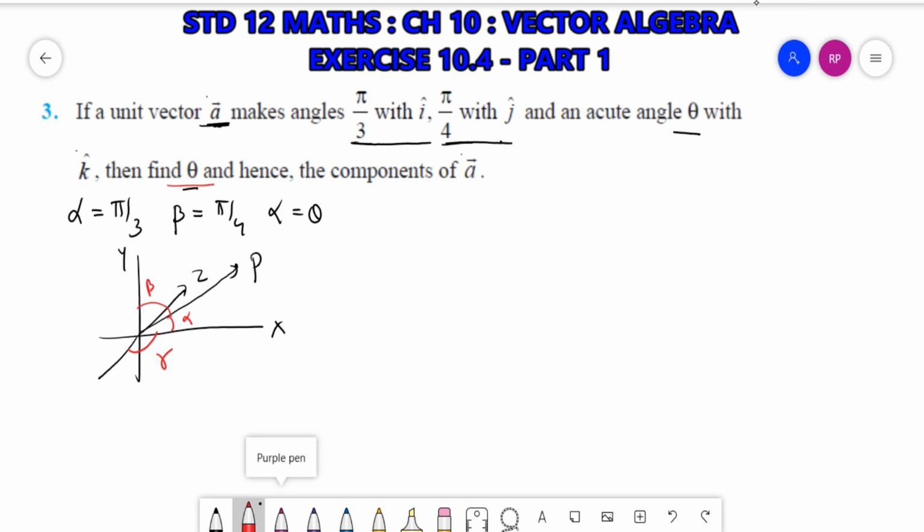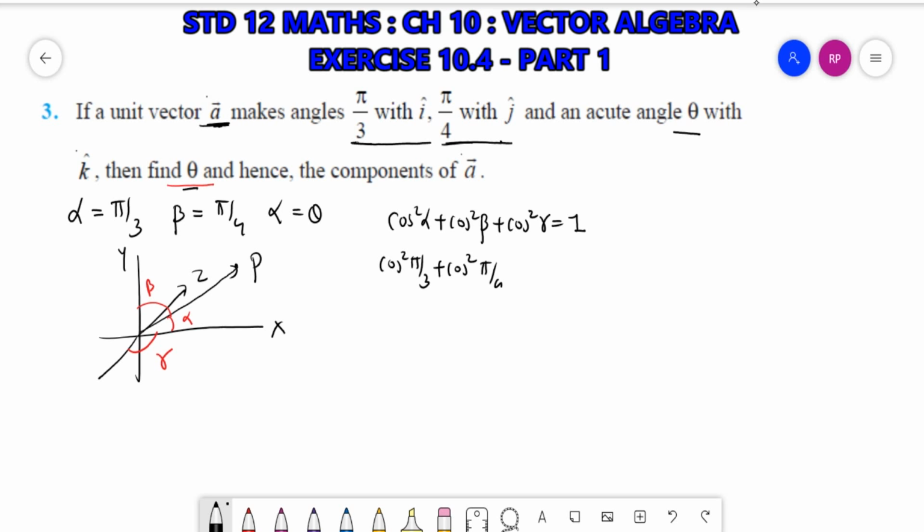Now we know that if it makes angles alpha, beta, and gamma with the x, y, and z axis respectively, then cos square alpha plus cos square beta plus cos square gamma is equal to 1. So cos square pi by 3 plus cos square pi by 4 plus cos square gamma, that is theta, is equal to 1.